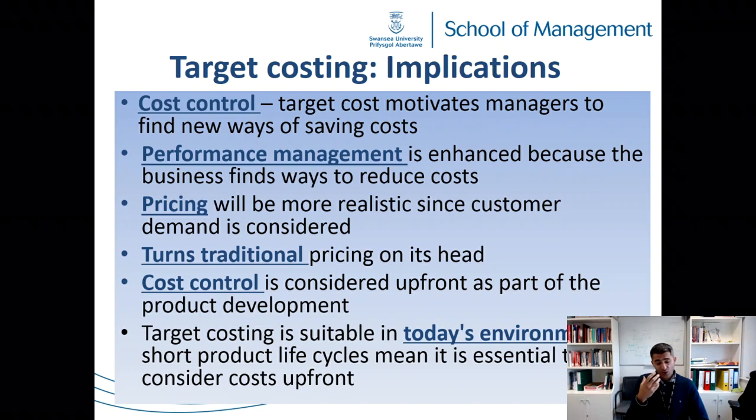One of the cost techniques they can use is target costing. Target costing is a technique that can help the business to gain competitive advantage. This all goes with today's environment, and it's very important nowadays that businesses look at cost techniques in order to adopt them.